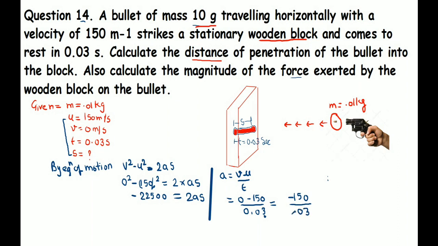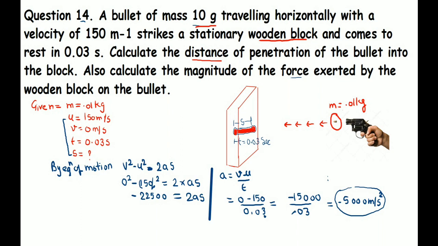You are now smart enough to solve all these things. Now solving this we get acceleration as minus 5000 Newton, oh sorry, meter per second square. The unit of acceleration is meter per second square. Over here square is not applied.